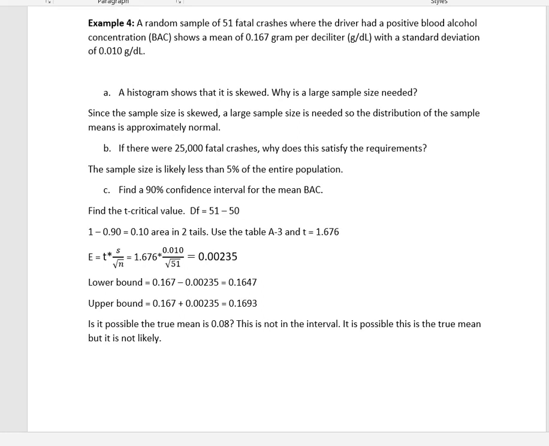Find the 90% confidence interval for the mean blood alcohol concentration. Find the t critical value. df equals 51 minus 1 equals 50.